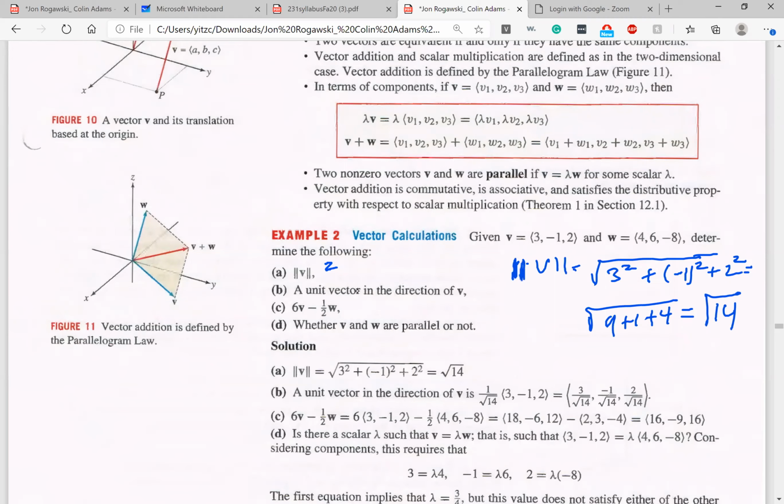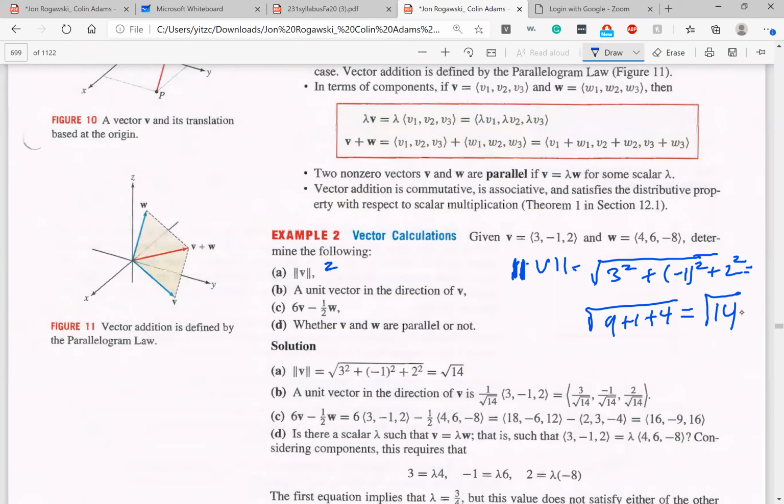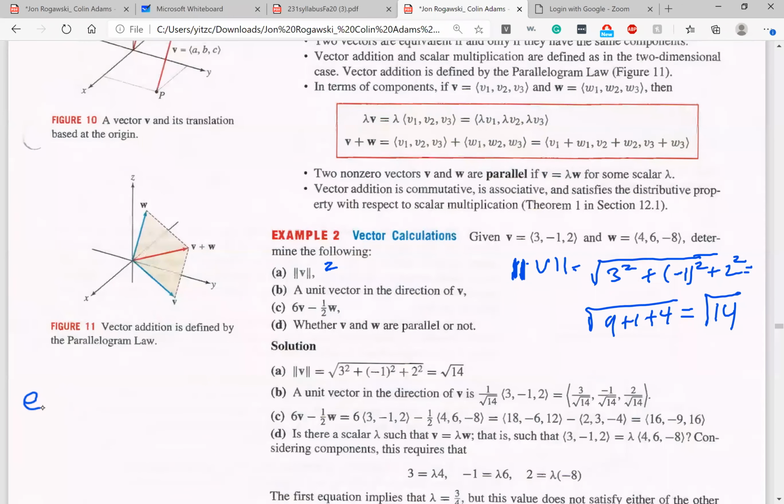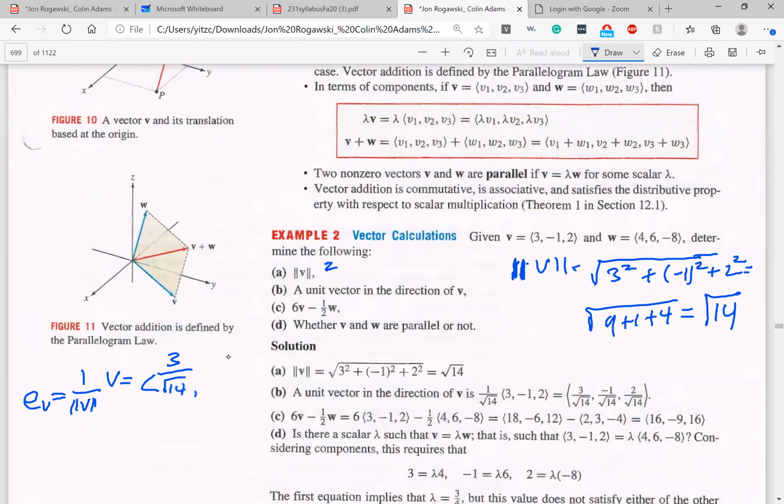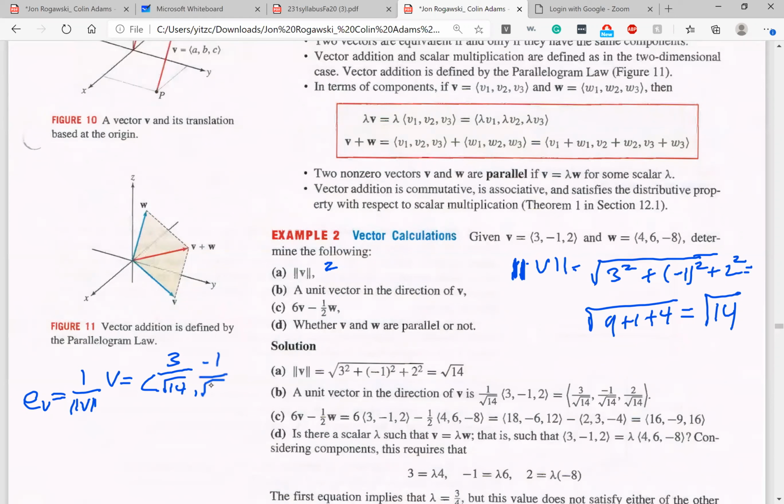Now they want us to find the unit vector in the direction of V. So if the magnitude of V is the square root of 14, then its unit vector, E_V, is going to be equal to 1 over the magnitude of V times the vector V. So it's going to be 3 over the square root of 14, then -1 over the square root of 14, and then 2 over the square root of 14.